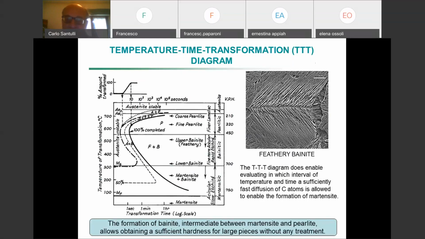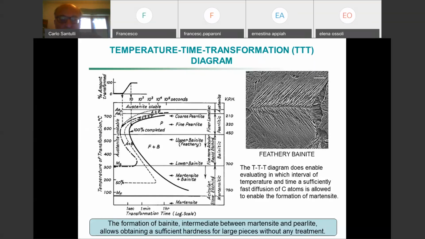Martensite is tetragonal, and it needs fast time because if you take hours, in most cases the temperature would be very low to get martensite. There is a right interval of temperature in which you have martensite, because austenite becomes unstable.